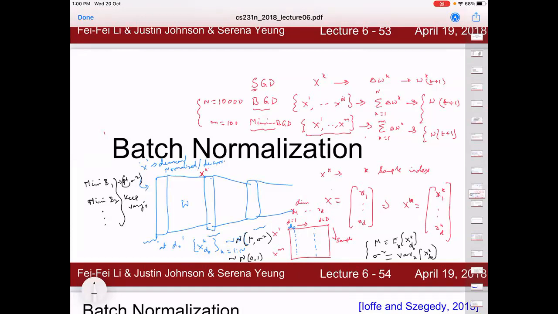Overall it can vary because the samples are different, weights are different and so on. But when we move on to the next layer, xk is initially distributed with mu, sigma square.